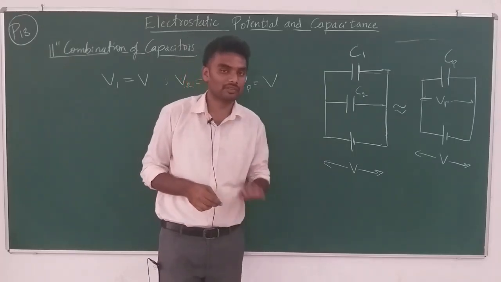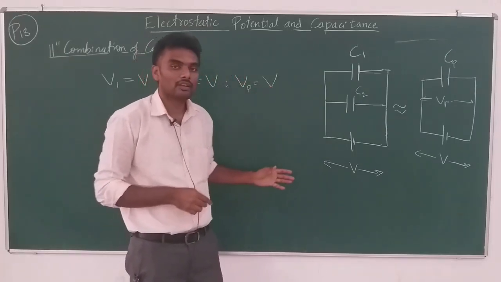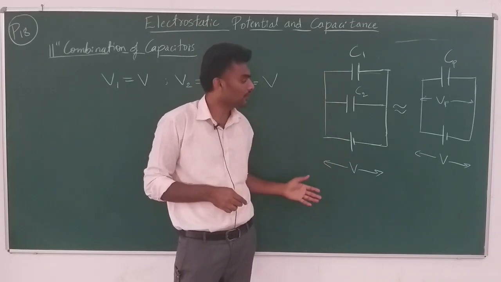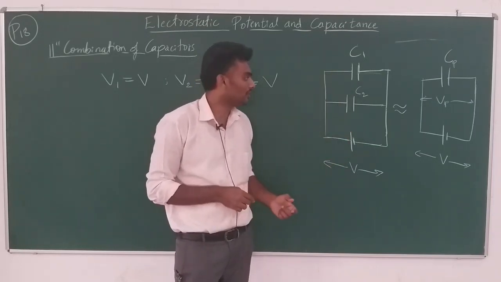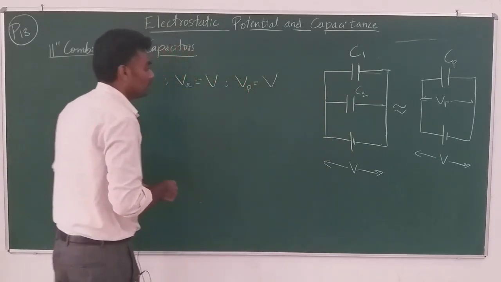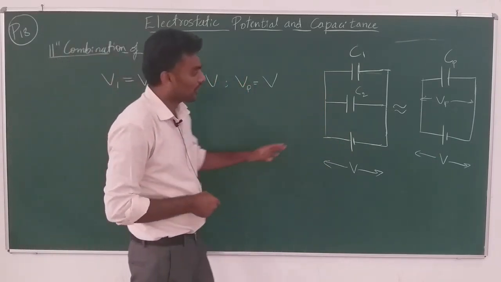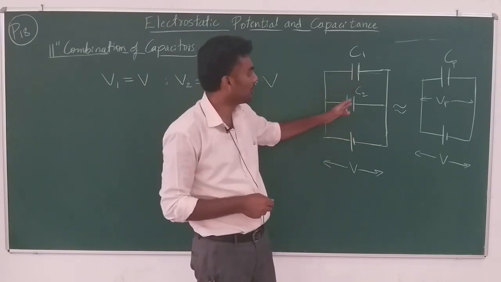In the previous derivation, for series, Q remains the same in all capacitors, but here V remains the same in both the capacitors chosen. Now Q will not be the same in both the capacitors.